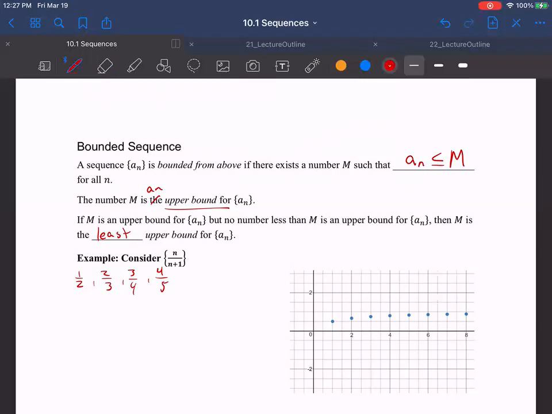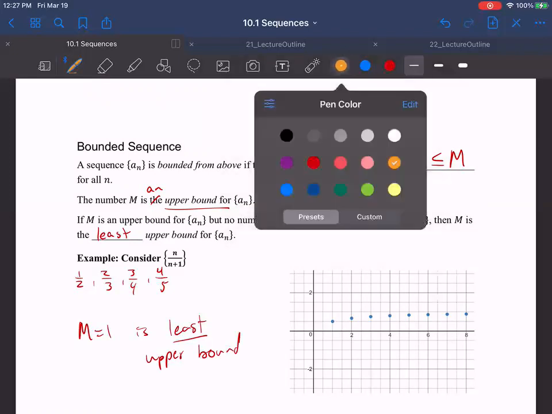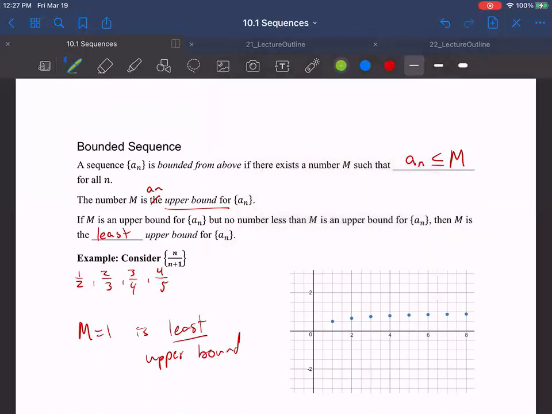But we're never actually going to get to 1, are we? So what is our least upper bound for this? 1. So m equals 1 is the least upper bound, right? So in other words, we're not getting across this 1 right here.